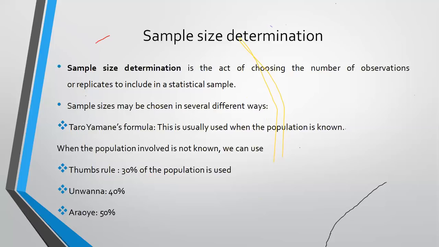And according to Unwana, he says you should use 40% of the population involved. And according to Arauye, he said we should use 50% of the population involved. Again, Tom's rule says we should use 30% of the population involved, Unwana says 40%, and Arauye says 50%. I'll teach you how to calculate this.